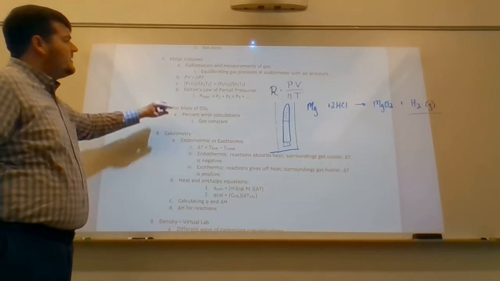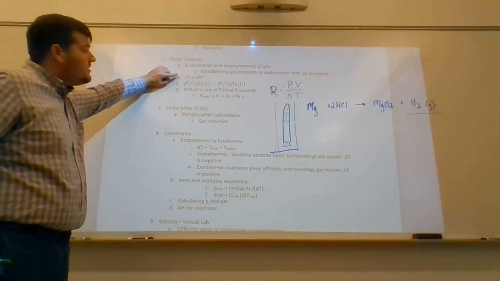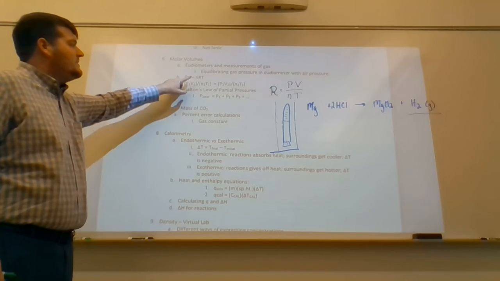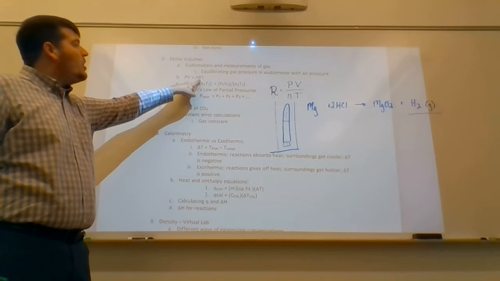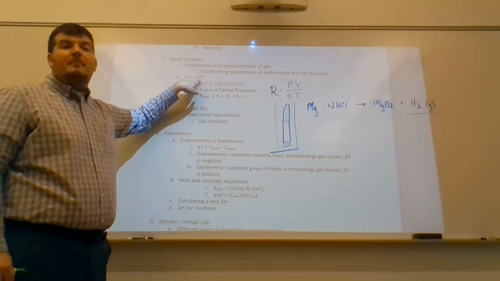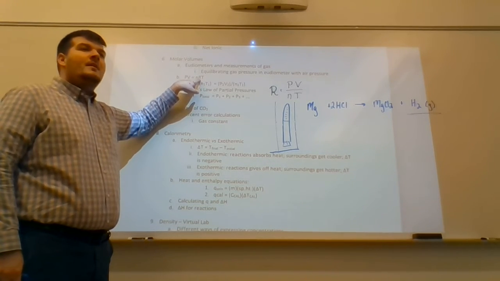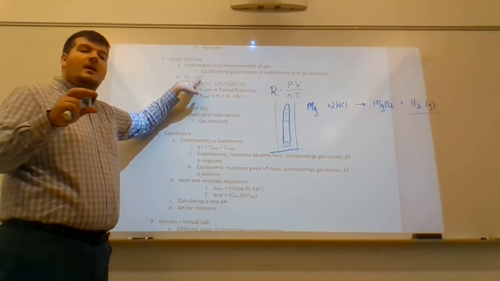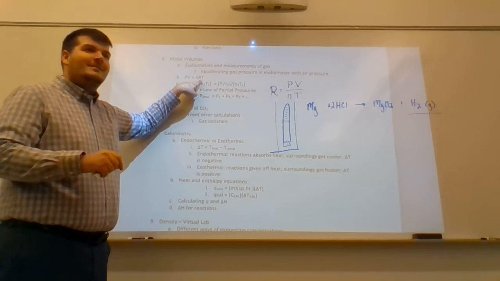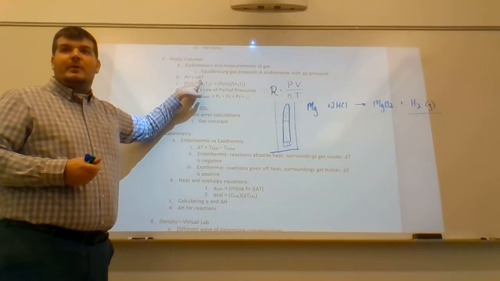All right, so we did the PV equals nRT equation. That's ultimately what we were trying to find out. What's the value of R? And also, the purpose of this is we wanted to find the molar volume of a gas. In other words, what is the volume of 1 mole of gas at STP is what we were looking for.